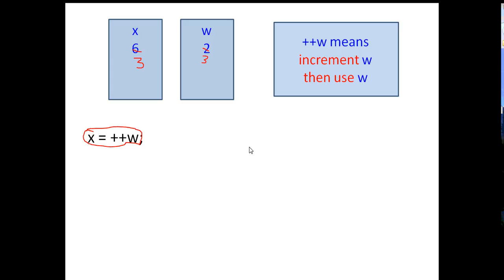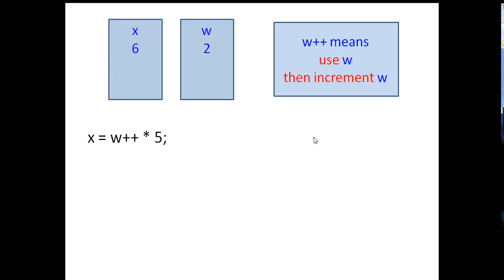Alright, next one. Okay, here again we've got the increment operator coming after the w. So the w is going to be used first. So use the w and then increment it. So in here we have x is going to be assigned the calculation on the right. And so the calculation on the right says w.